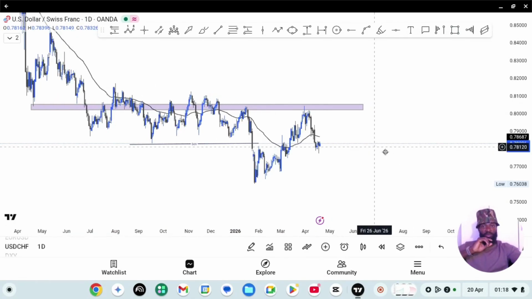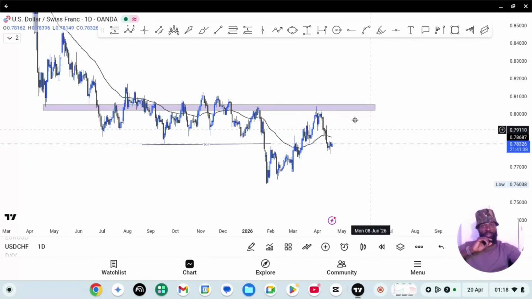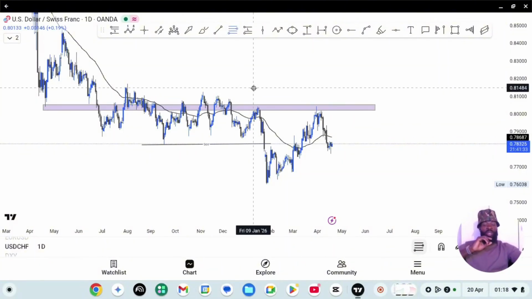As you can see, you can also put your Fibonacci level to confirm if the price is at your discount or your premium area. When the market is in a downtrend, it's always good to wait for the market to come to your premium area to look for a selling opportunity.